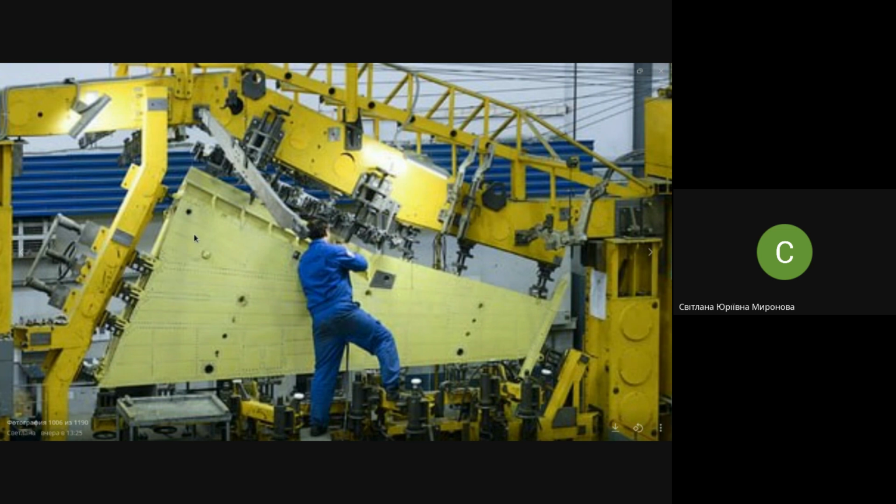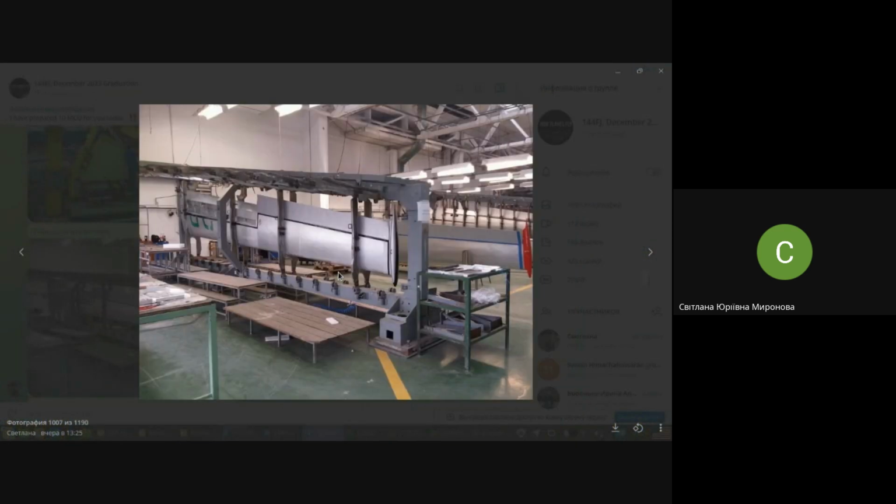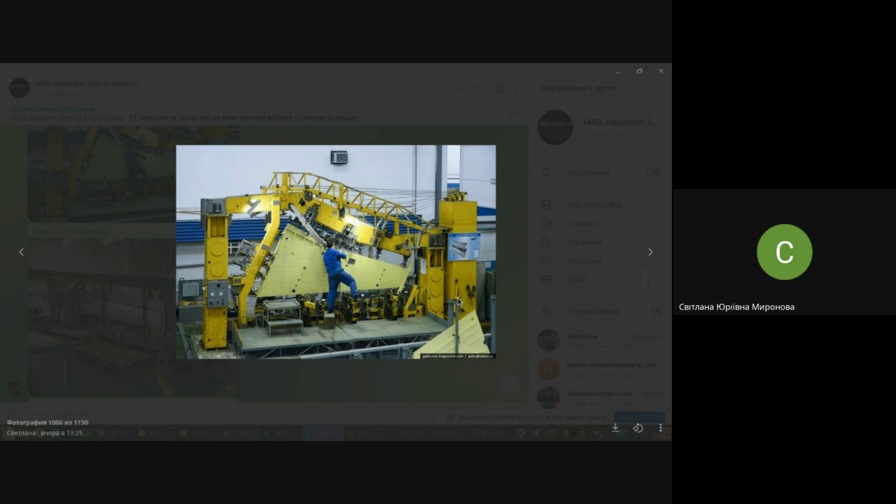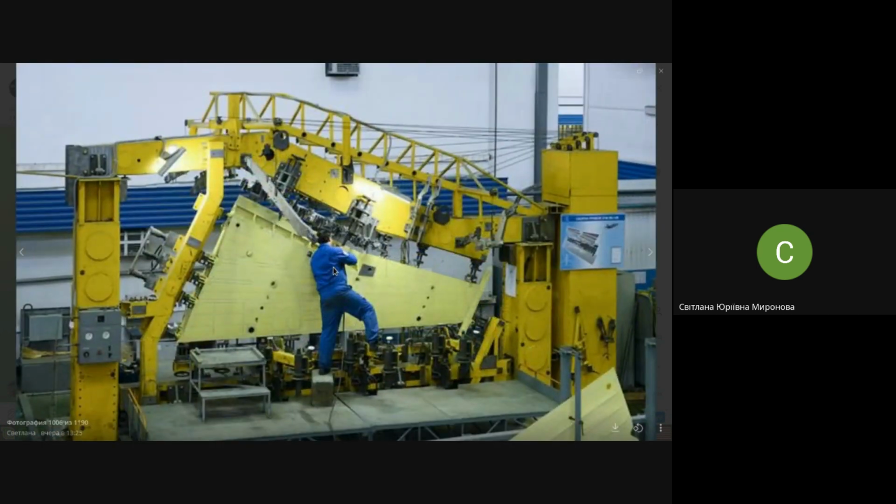Compare these distances between contour locators, almost the human height, in width, between locators here and there, and compare these fans of locators, literally fans of locators. Quite clear it comes about different assembly methods. Here it is assembly by skin, so they start with locating the skin in this jig.